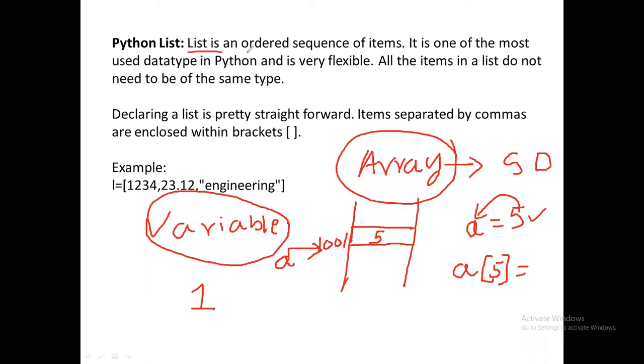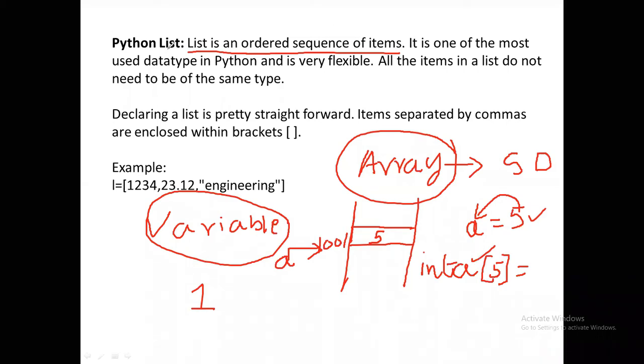A list is an ordered sequence of items. An array is also an ordered sequence of items, but the difference is that in an array you store all items of a similar data type. If I declare int a of 5, in this variable a I store only integer numbers. If I declare float, then floating decimal numbers. If I declare char, then only characters.